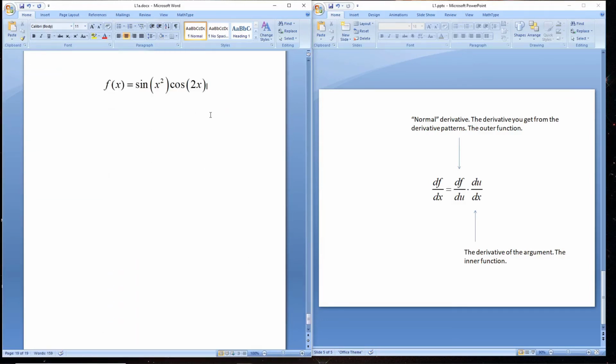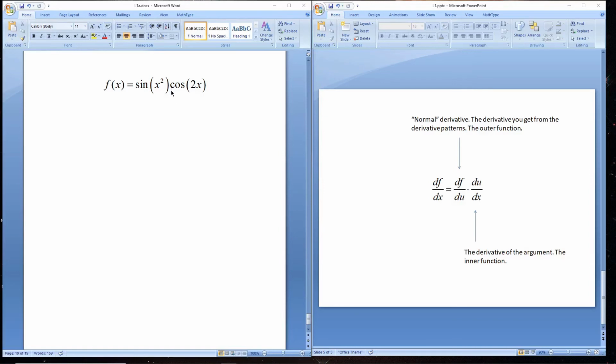Sine of x squared times cosine 2x. What functions do you see here? Sine, power, cosine, power. So we will need those derivative patterns.